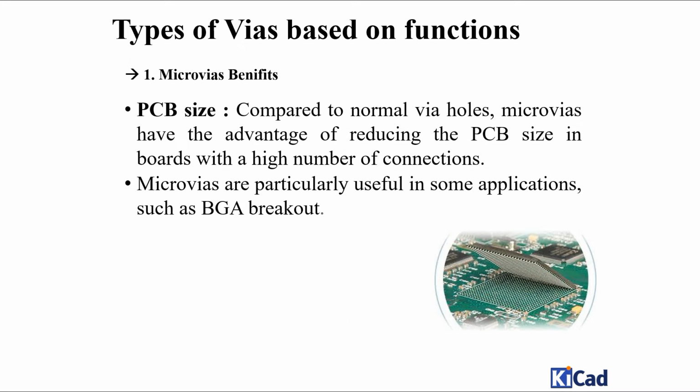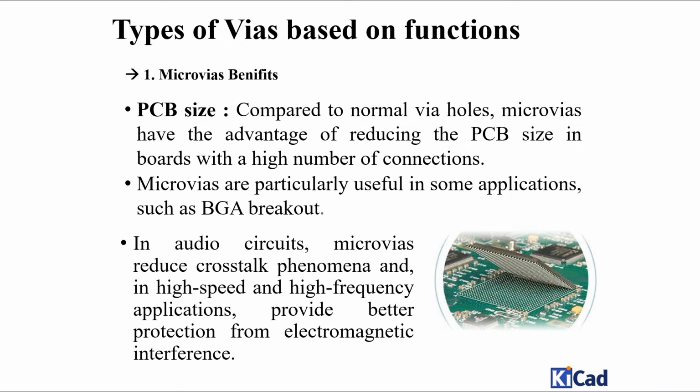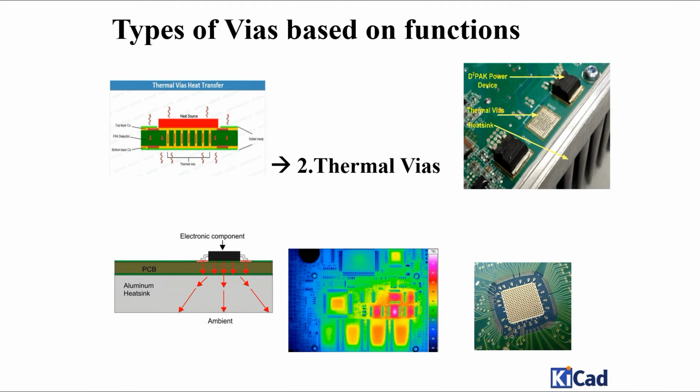Microvias are particularly useful in applications such as BGA breakout. In audio circuits, microvias reduce crosstalk, and in high speed and high frequency applications they provide better protection from electromagnetic interference.